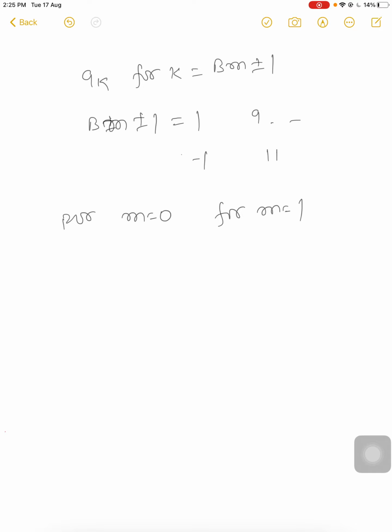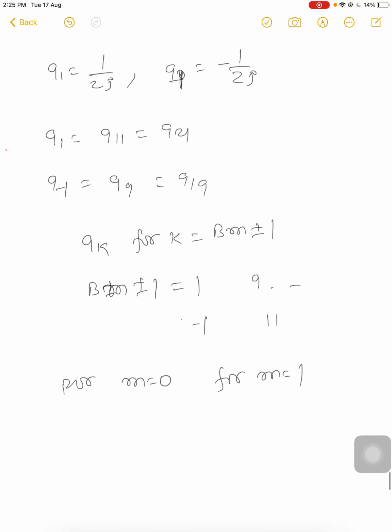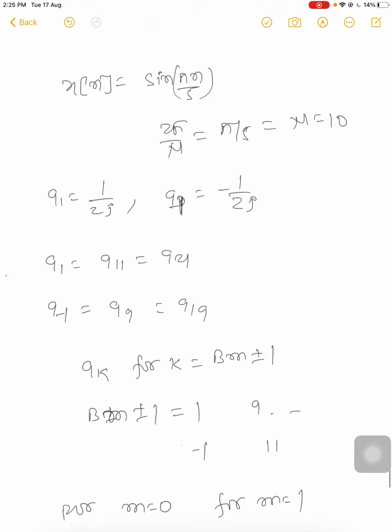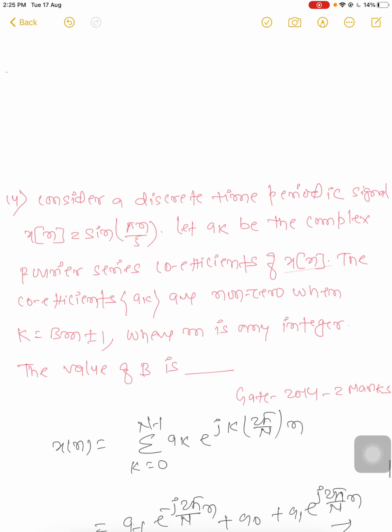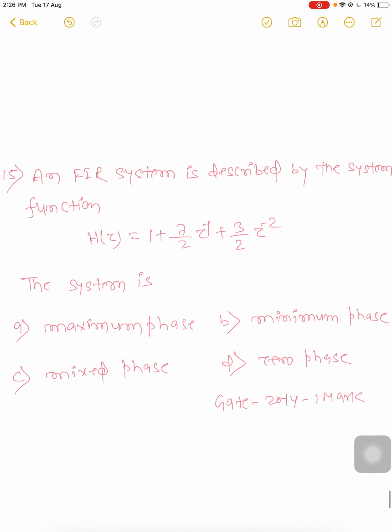So satisfy the condition, b must be 10 where m is an integer. Okay, then we will get 9, 11 like this way. Those are already given, so the option will be 10.